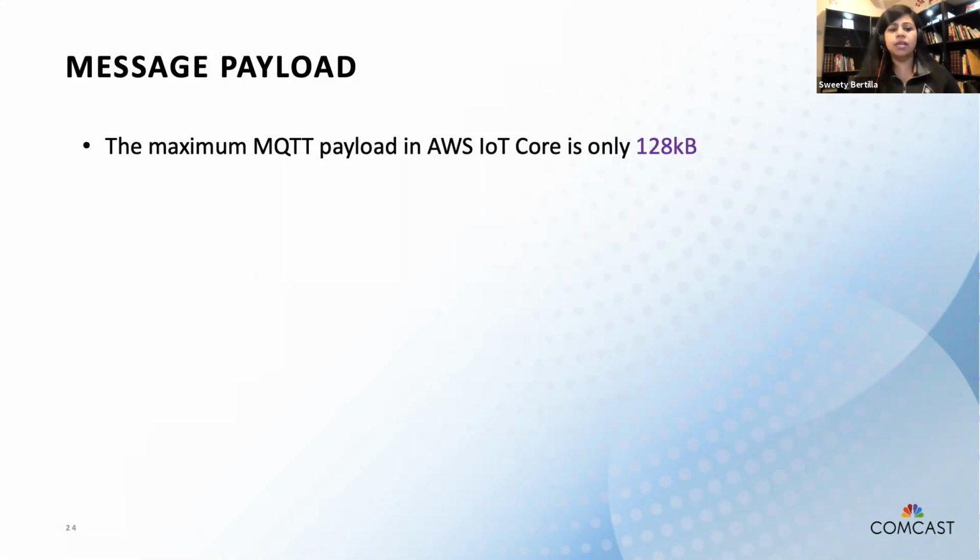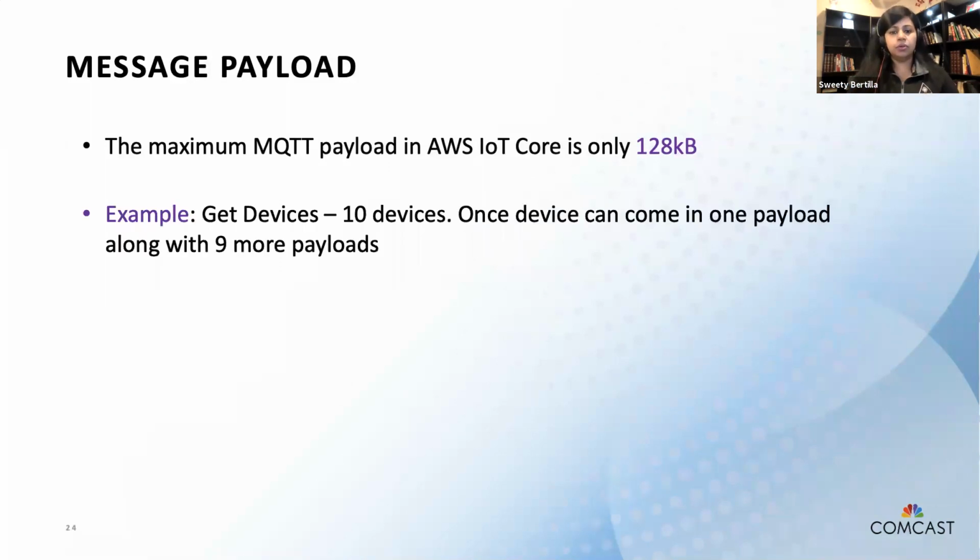Like in an HTTP call, you can say get devices and get them all in one shot. But here, since it only supports a max of 128 KB, you will be getting a payload. The payload can be just one device, or it could be two devices, based on the maximum it can support. So if I'm asking get devices and I have 10 devices, it could come as one payload at a time.